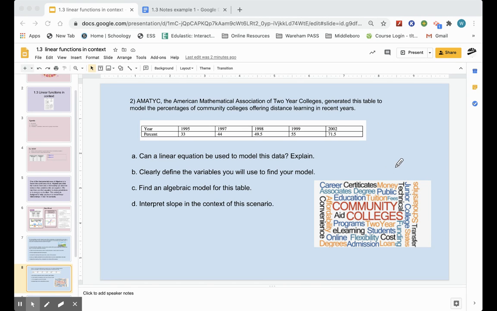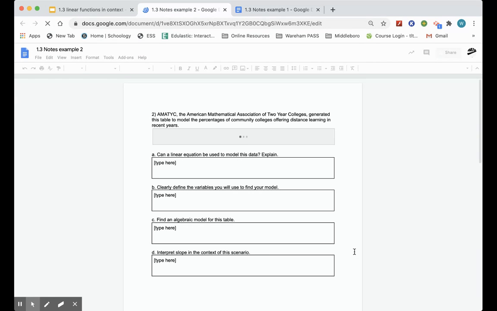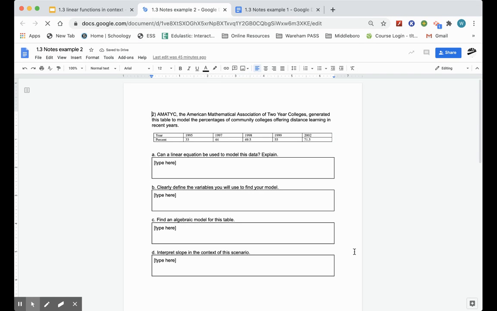And indeed, that also equals 5.5 divided by 1. So yes, we can model this with a linear function. The next thing I'm going to do is go to our notes, and you're going to have to access that through the Google Classroom.